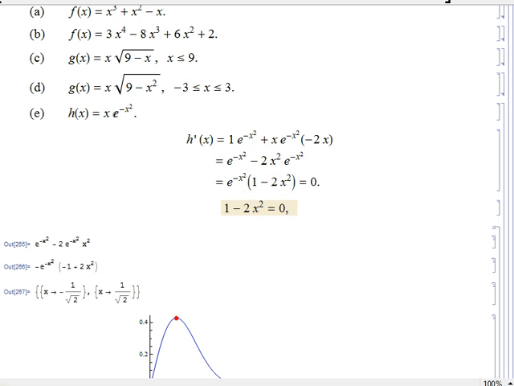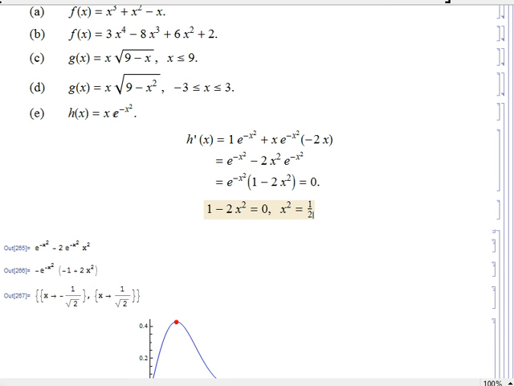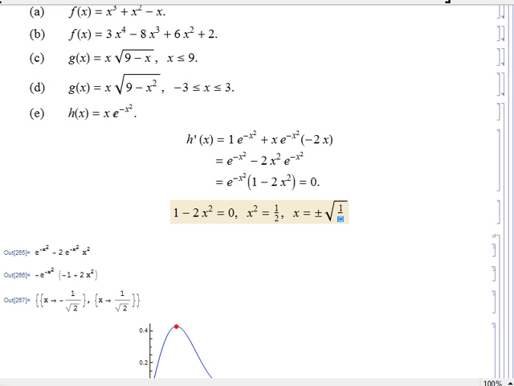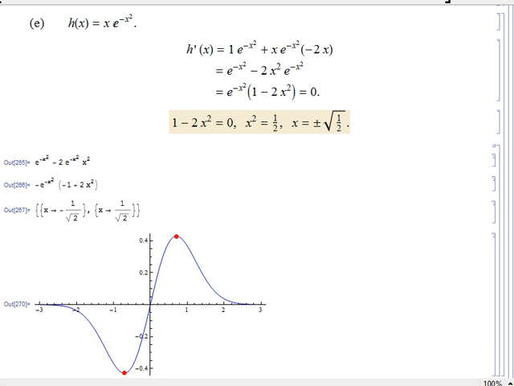And this is an easy equation to solve. X squared is going to be 1/2, so x is plus or minus square root of 1/2, and those are the critical numbers. And of course, Mathematica found the same thing too.